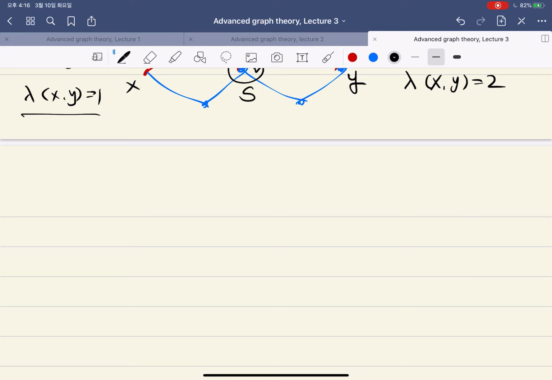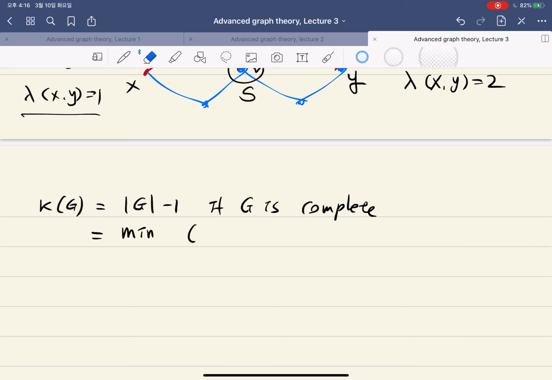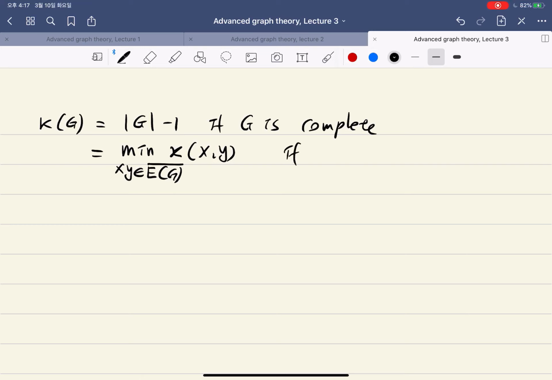And this also gives the definition of connectivity. The connectivity of G is the number of vertices minus 1 if G is complete. Otherwise, it is the minimum of kappa of xy over all non-adjacent pairs x, y if G is not complete.